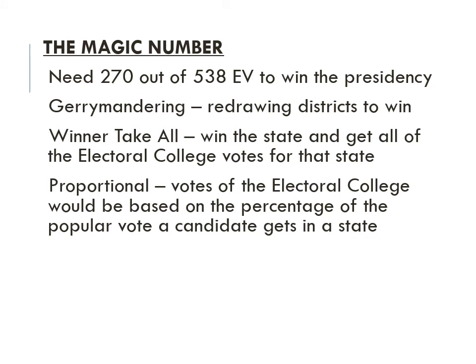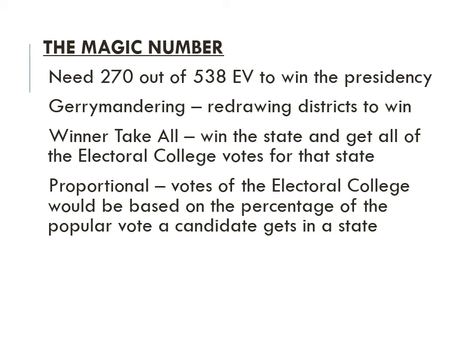In the United States, 48 of the states have a winner-take-all system, which basically means that if the person gets 1 more vote in the state of North Carolina than the other candidate, they get all 15 of our Electoral College votes. Meaning, in this next election, let's just say that one of the candidates gets 51% of the vote, and the other candidate gets 49% of the vote.